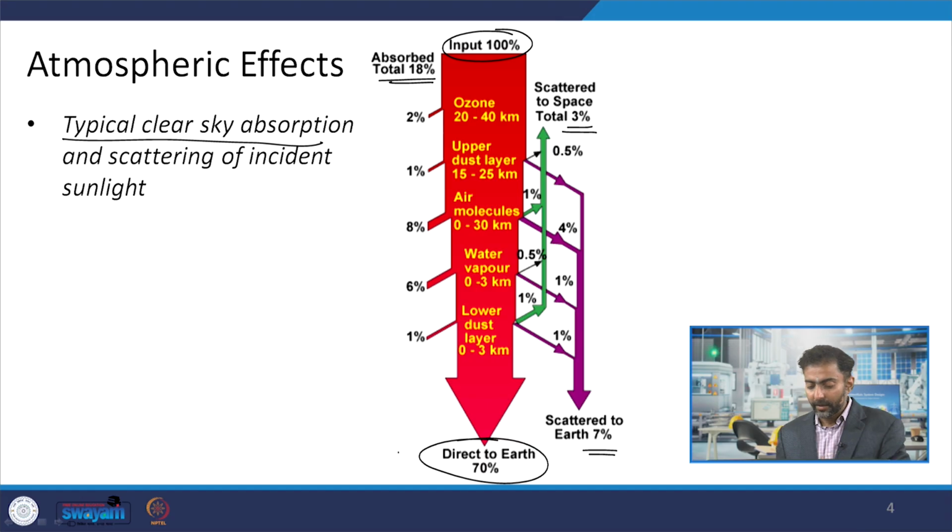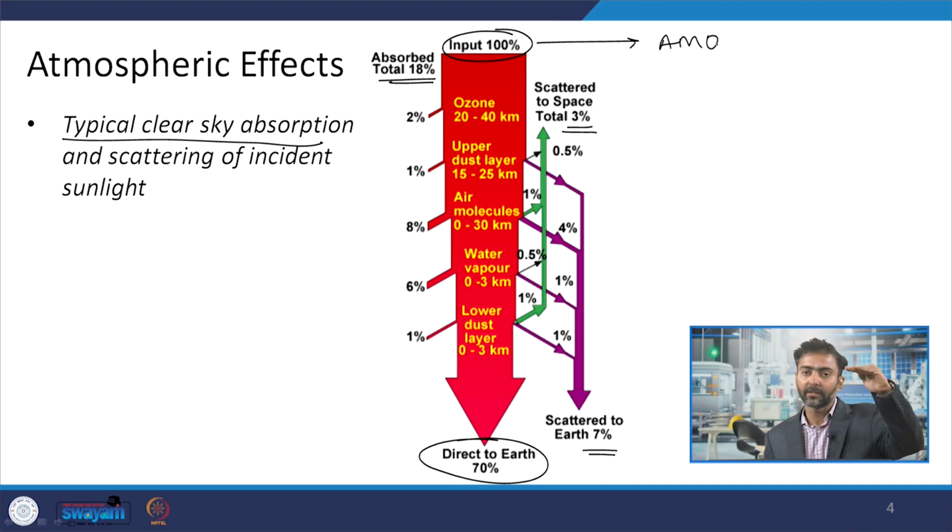So, if we do exact calculation, we can see that out of the total radiation which was incident just outside the earth's atmosphere, this we call as AM0, or path length 0. When the radiation has not entered the atmosphere, it is just outside the earth's atmosphere, the path length through the atmosphere is 0, we call that as AM0.